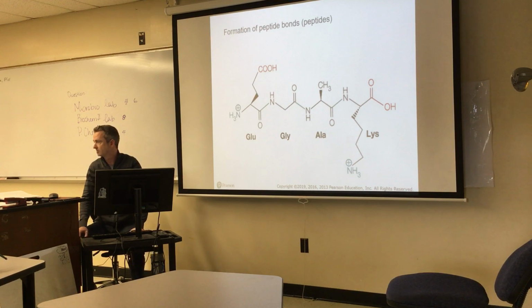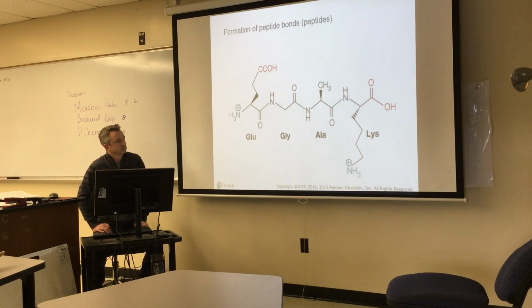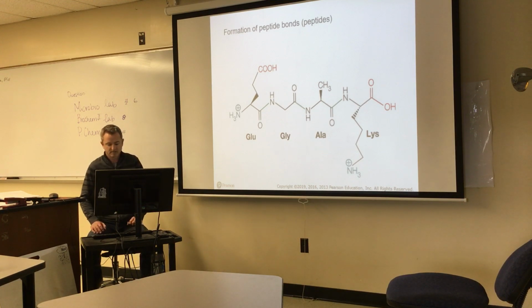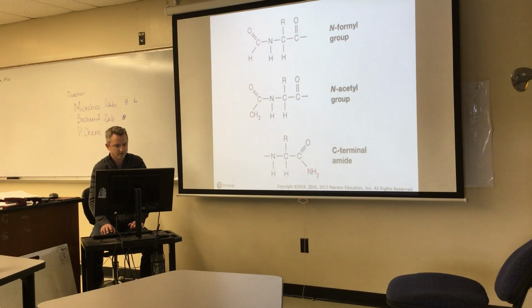Well, once the bonds form, the pH wouldn't be as significant as before the peptide bond is formed. I would say that's dependent on a few things. We already covered this.